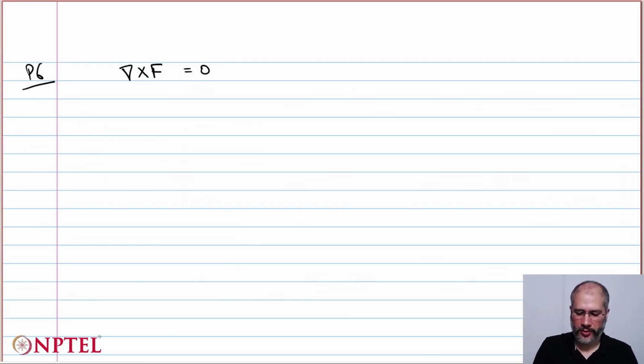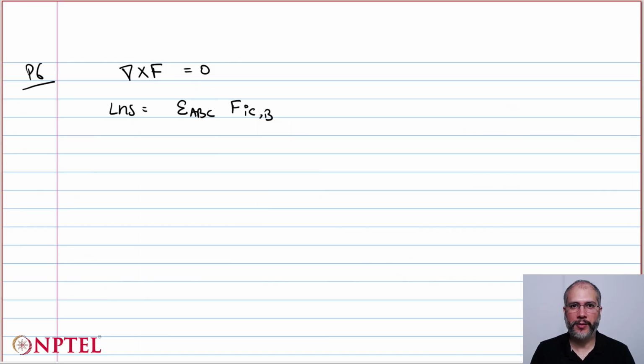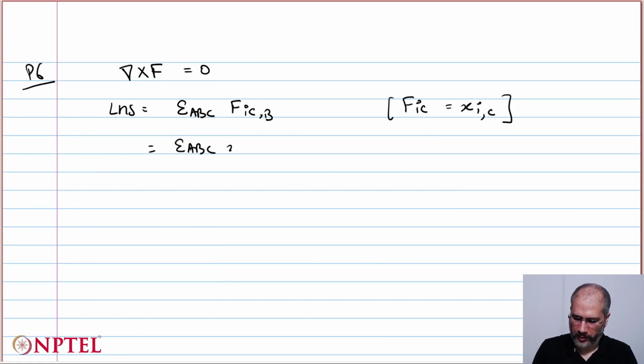We'll write the LHS in the indicial notation. So this becomes epsilon ABC F IC comma B. So this is the curl of a tensor, and F IC is defined as small x I comma C. So this becomes epsilon ABC x I comma CB, and this I can write as x I comma BC.